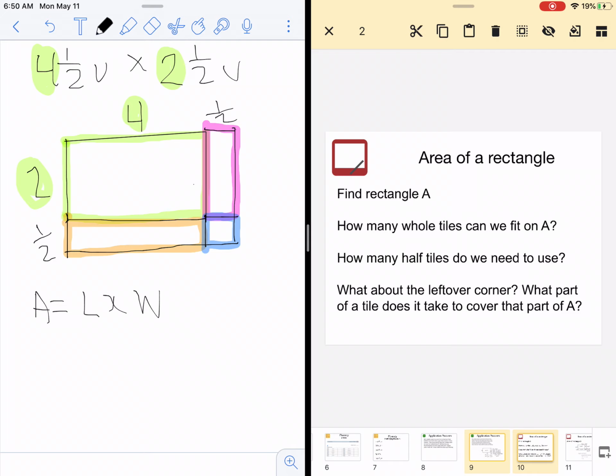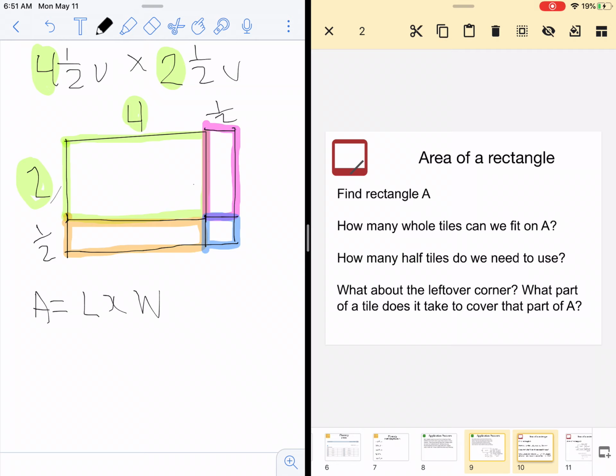So this pink area is 1/2, that is the length, times 2, because that is the width of just that pink area. So here we go. We're going to record our thinking.